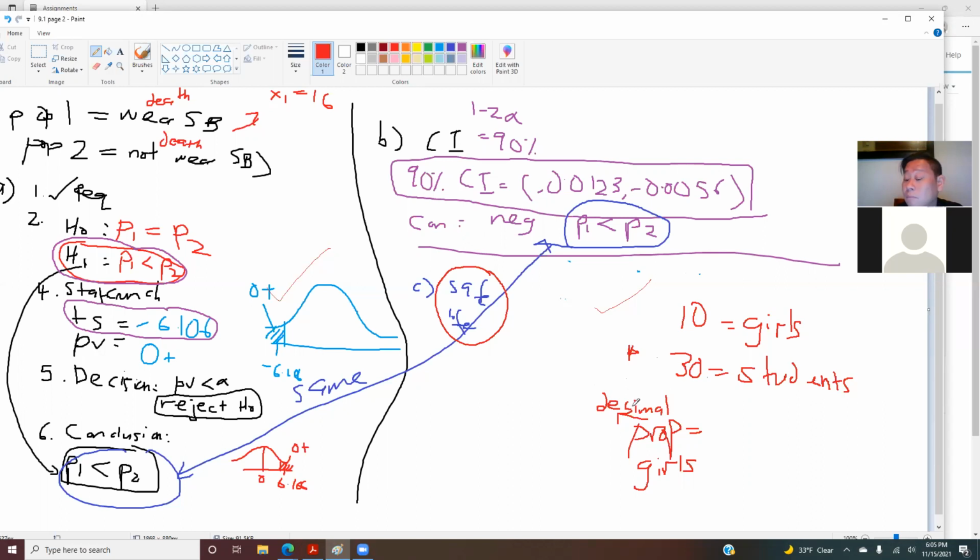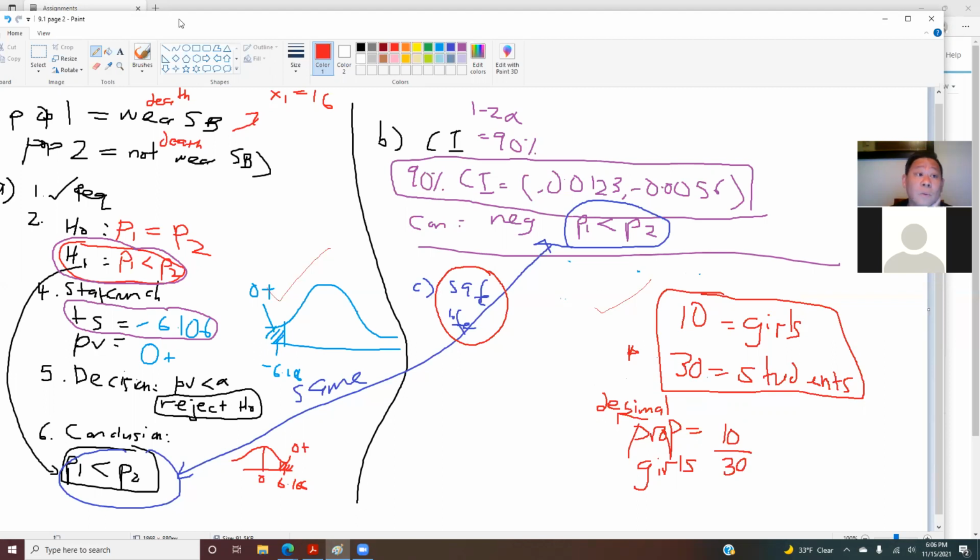If I got 10 girls and 30 students in this classroom, is the proportion 0.1? No. Is it 10 girls divided by what? 30.